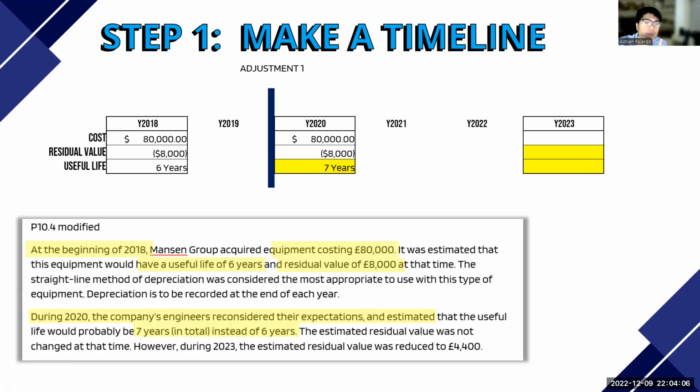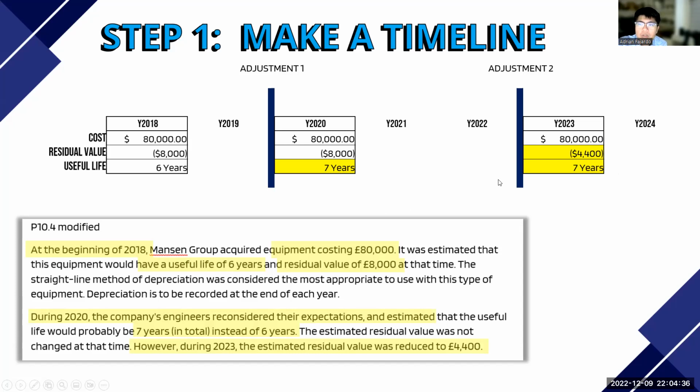So instead of 2023 mag-end, we need to add 1 more year. So kailangan may 2024. And then, during 2023, nagkaroon na naman ng bagong estimate. So naputol na naman si timeline with the second adjustment. Same pa rin si cost, pero yung residual value changed to 4,400. And then still 7 years. So, ito na yung nagbago.